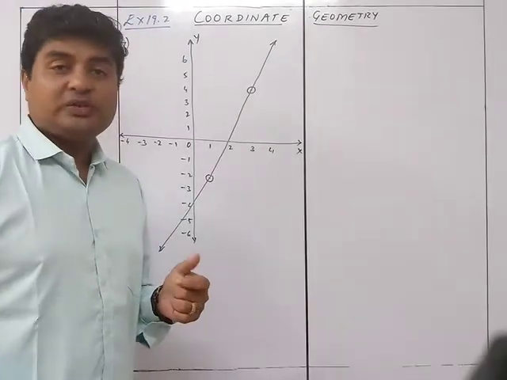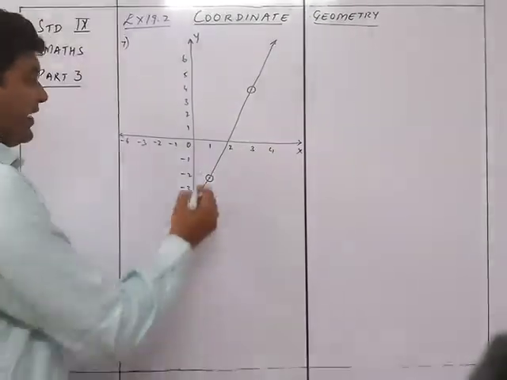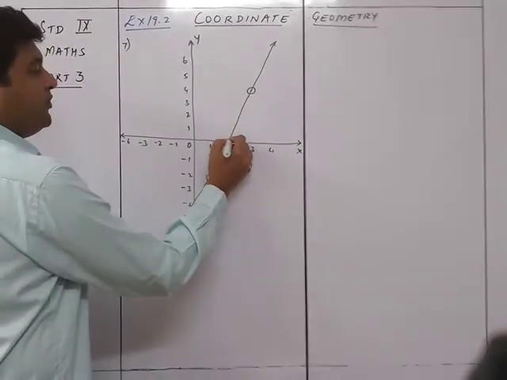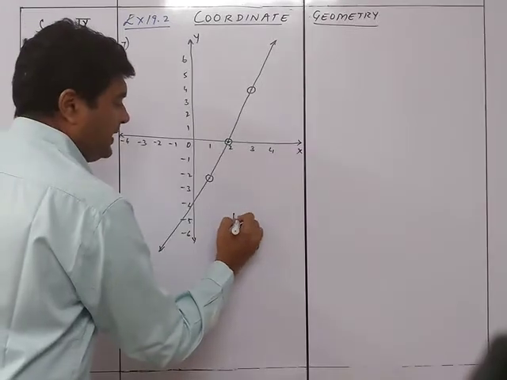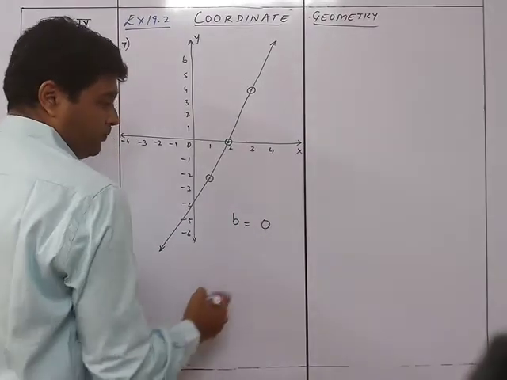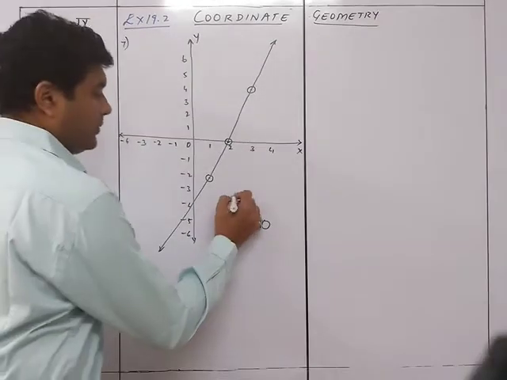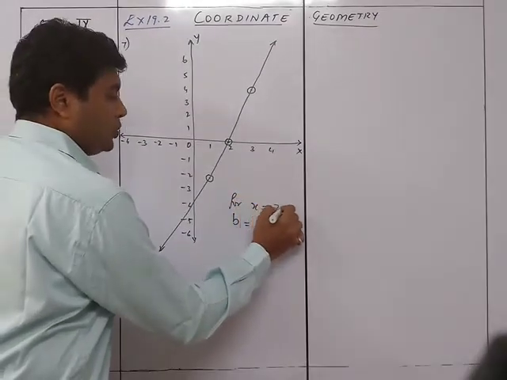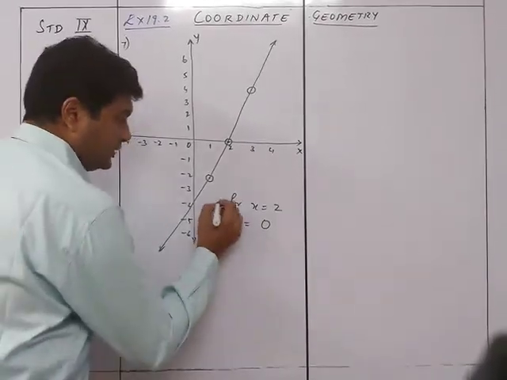Now the question is, what will be the value of b, that is when x is equal to 2. If x is equal to 2, you will find that it will be 0. So b will be equal to 0. As per the table, for x is equal to 2, y is equal to 0, or b is equal to 0. So that's the first part.